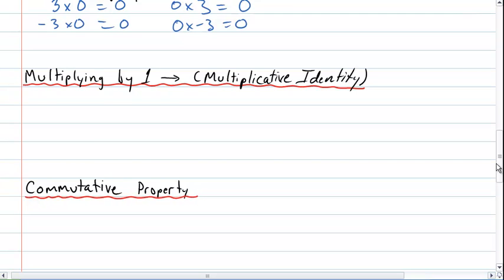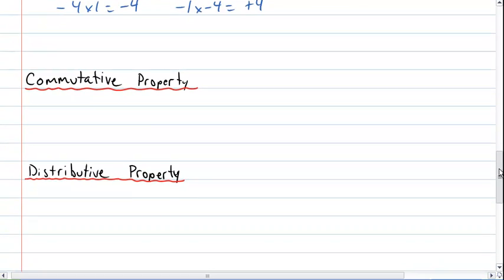So it looks like this: 4 times 1 equals 4, and 1 times 4 equals 4. Then negative 4 times 1 equals negative 4, and negative 1 times negative 4 equals positive 4. That's the multiplicative identity.